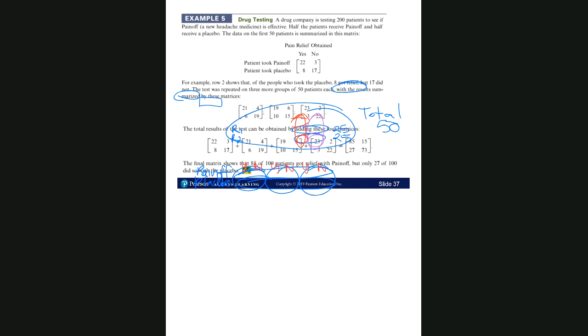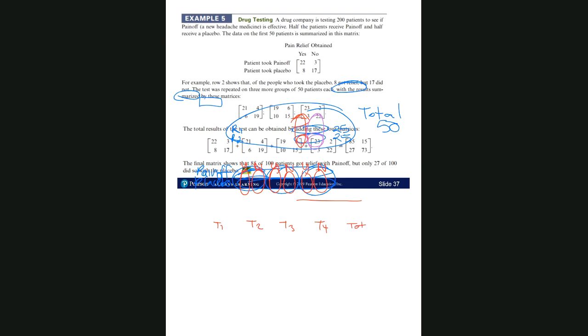Now, this will be an application of matrix addition. To answer the question, what will be the total results of the test, you will obtain that by adding the 4 matrices. So this will be the first trial, second, third, and fourth, and this will be the total.